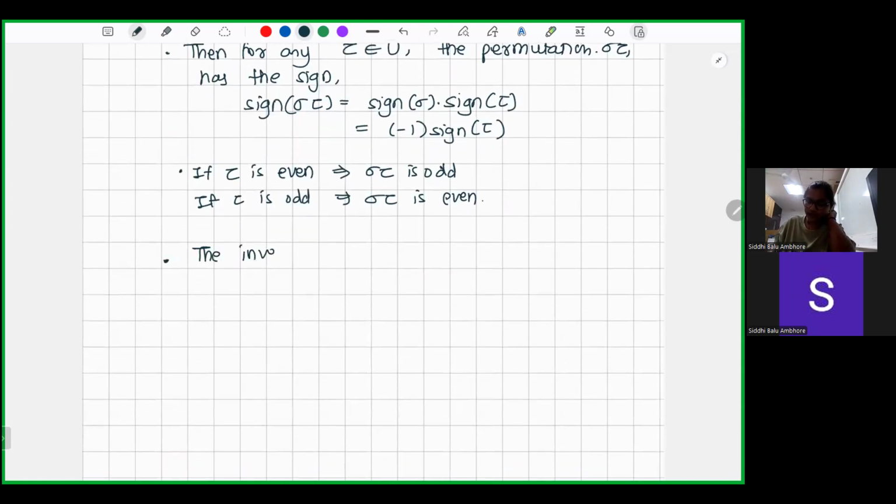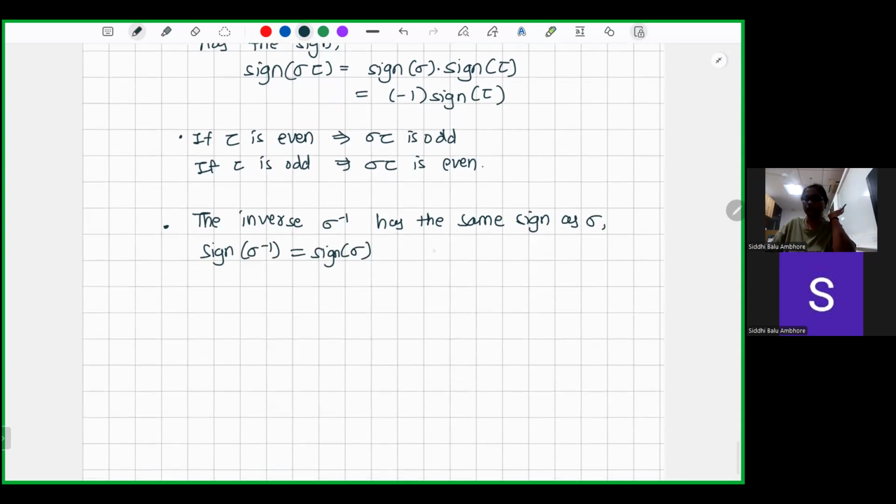And the inverse, sigma inverse, has the same sign as sigma, since sign of sigma inverse is sign of sigma.